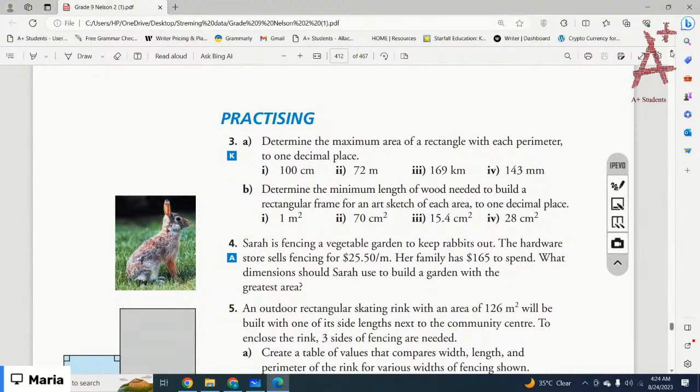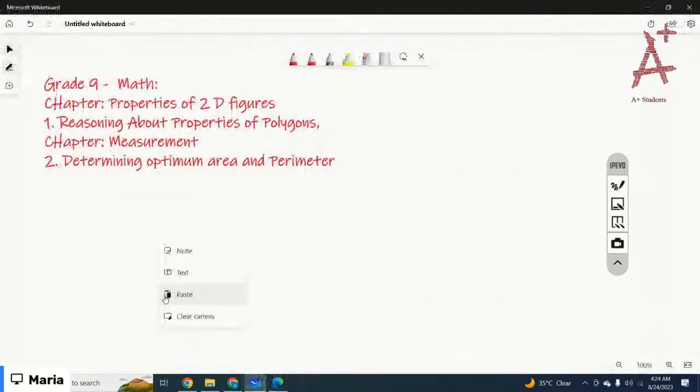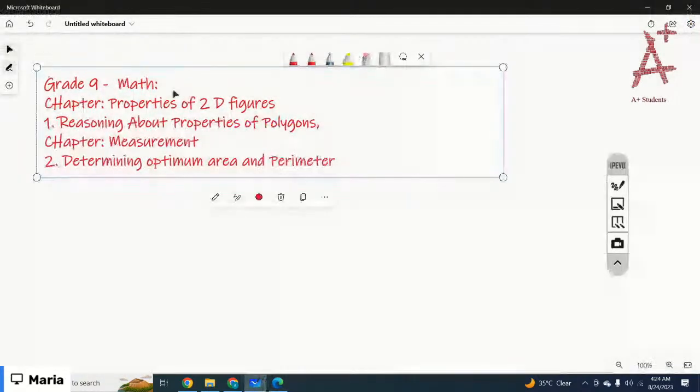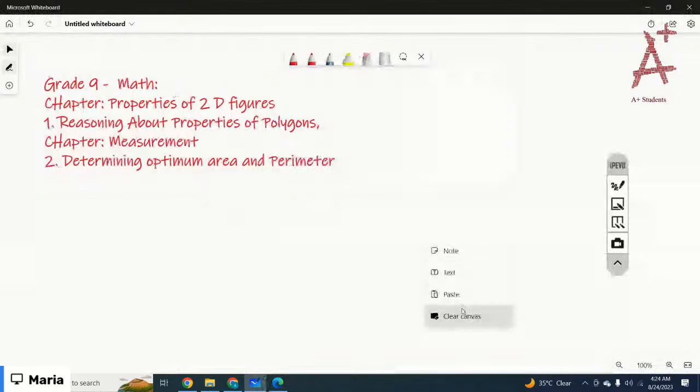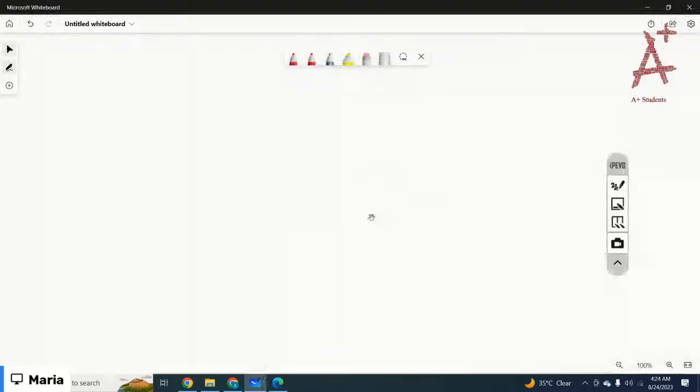Okay, you are given the perimeter, you have to calculate the maximum area of the rectangle, right? So the perimeter you are given for the first one is 100 centimeters.